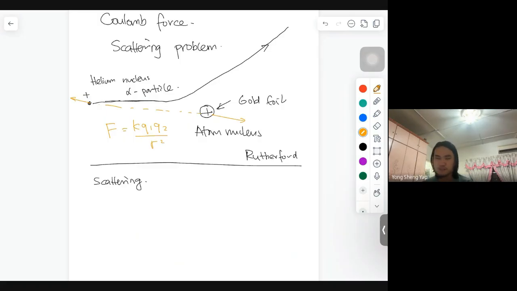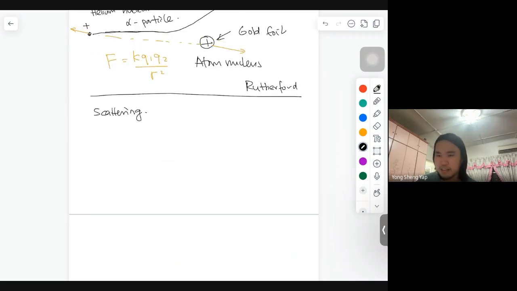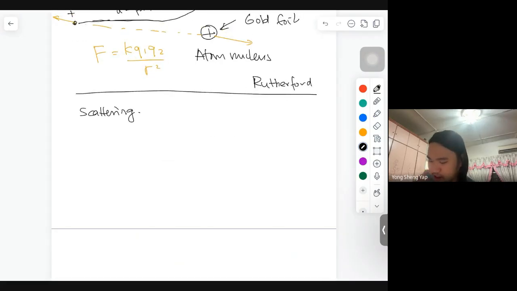He found that bombarding against the gold foil, there's some repulsive force, and that basically gives you the atomic nuclei. So he had a current of helium nuclei.